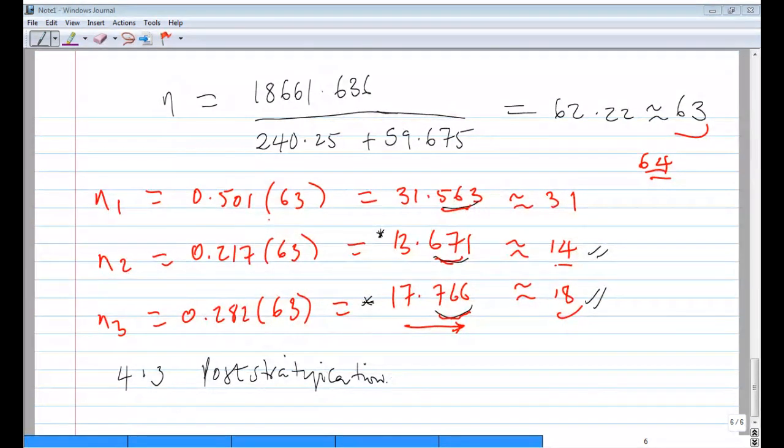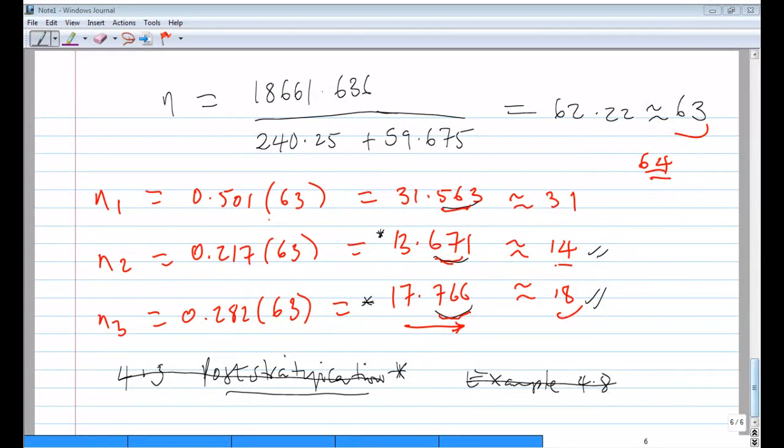Okay, but I'm interested in the heading called post stratification. We're not going to do this one. So that means 4.3 is out. The same applies to example 4.8 because it applies post stratification. Let's leave it, it's out.